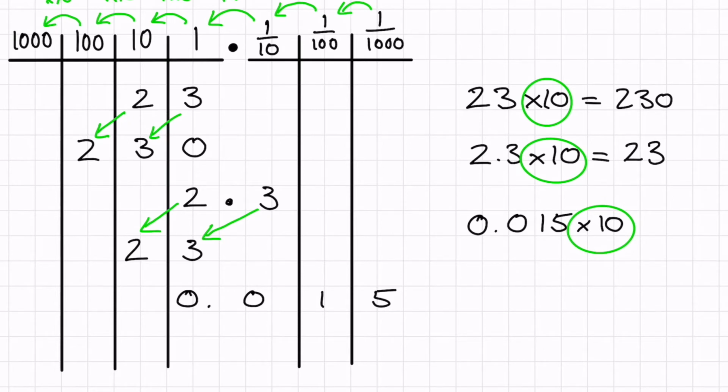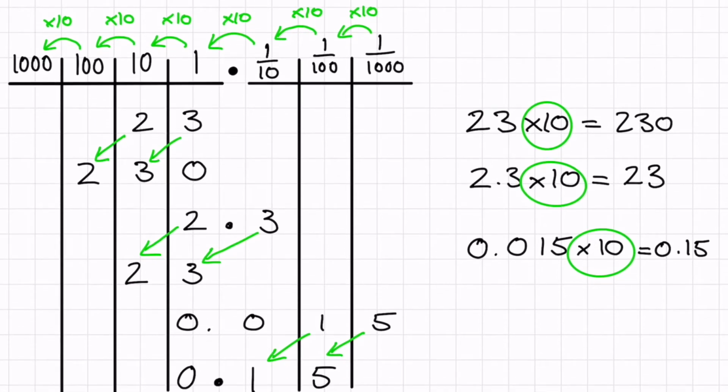So our 1 is going to move from the hundredths column into the tenths column, and the 5 is going to move from the thousandths column into the hundredths column. Now, because both these digits are after the decimal point, we need to put a decimal point in and put a nought in. So the answer is 0.15.